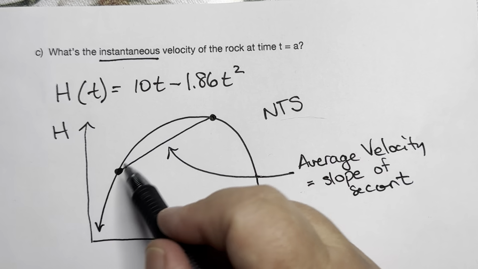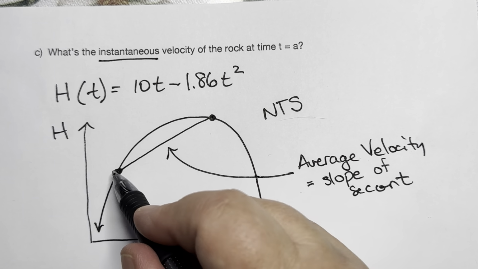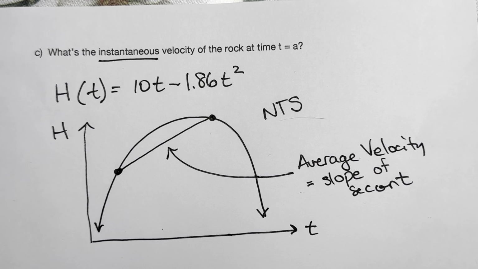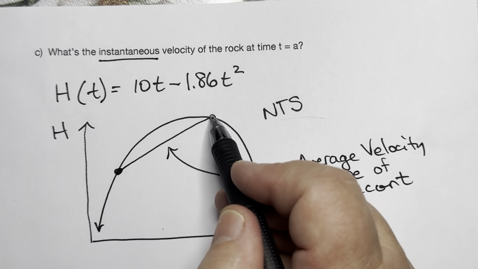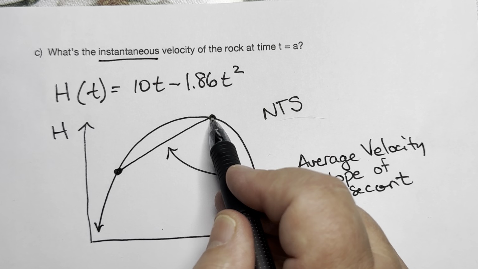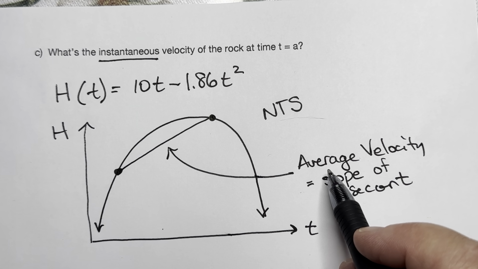Between here and here, the velocity was the slope, so it's positive. It was mostly going up. Now, is it going up the entire time? No, there's actually a little bit where it gets to the top and heads back down, so it would have a negative velocity. But because this is average, we don't get that level of detail.